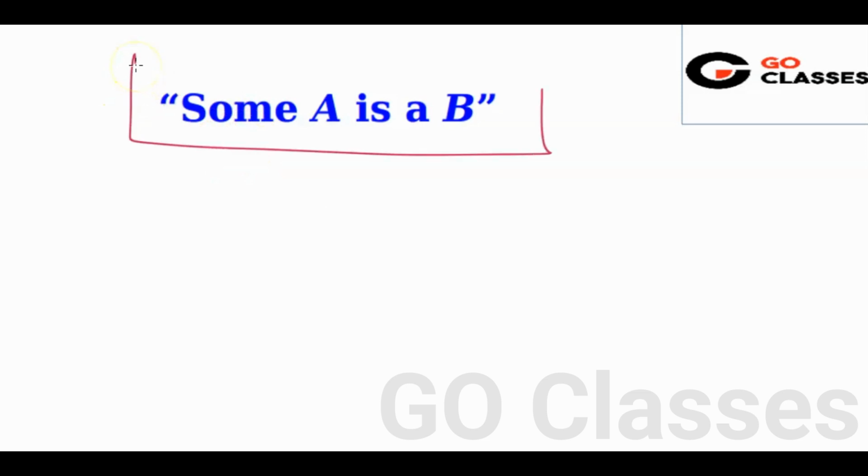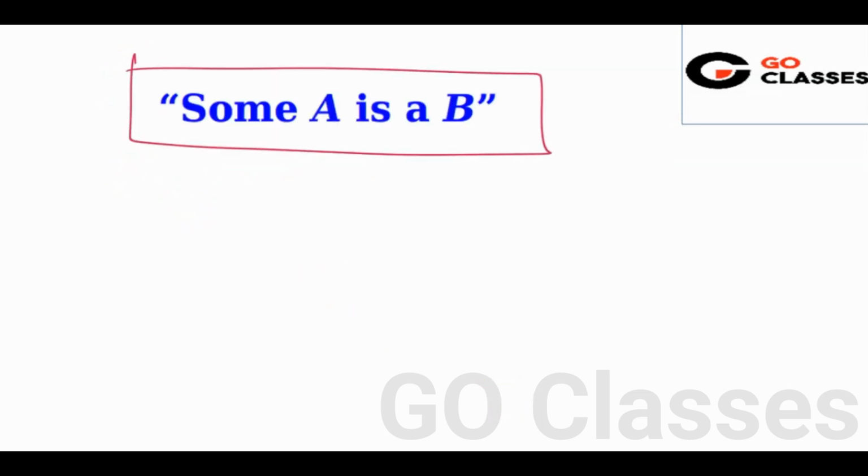Now let's see the next template. The next template that we have is some A is B. For example, some crow is black. So consider this example. Some crow is black, or you can say some crows are black. This is another important template.